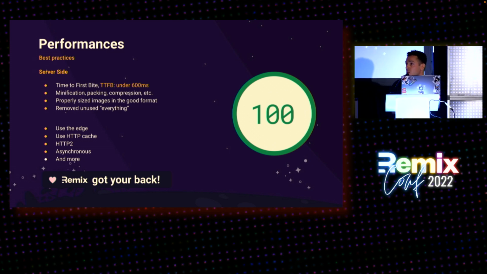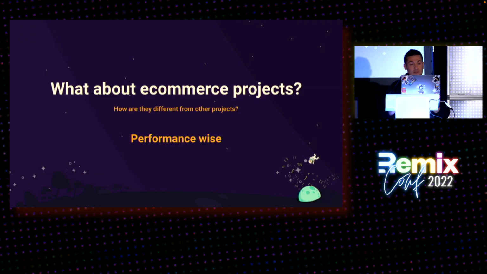But just because you have a backend server, you should not ignore using the edge, HTTP cache or HTTP2, and building an architecture that is mostly asynchronous. For the front end and most of the back end, Remix has got your back, right? And we're going to dive a little more into how to build an e-commerce project with high performance.